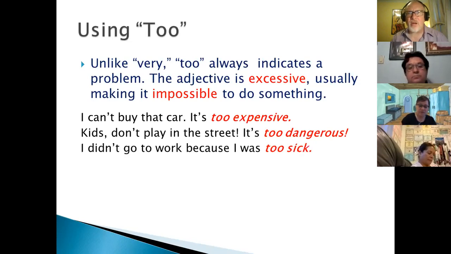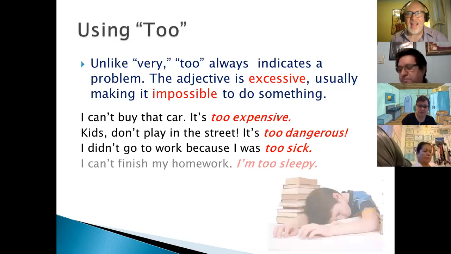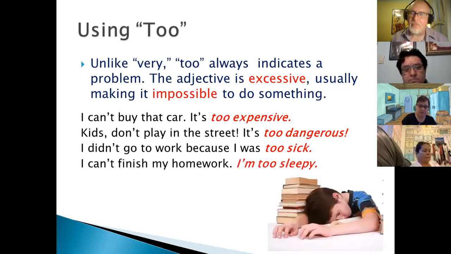I didn't go to work because I was too sick, right? There was a problem. I couldn't work. I was too sick. Remember we had too from level 3. I can't finish my homework. I'm too sleepy. With each one of these, there's a problem. The problem, I can't buy the car.